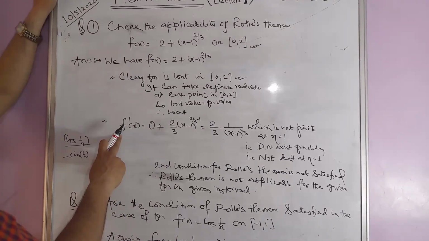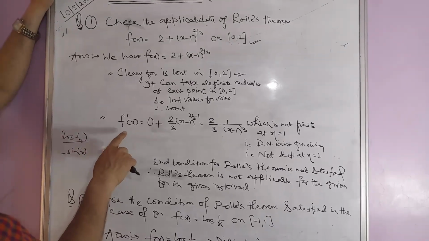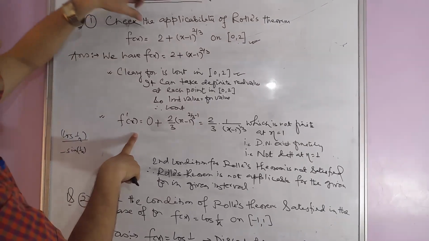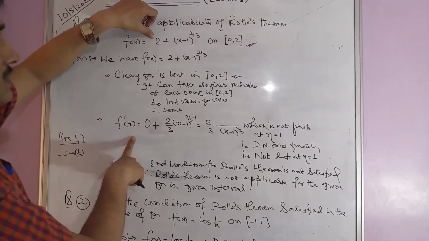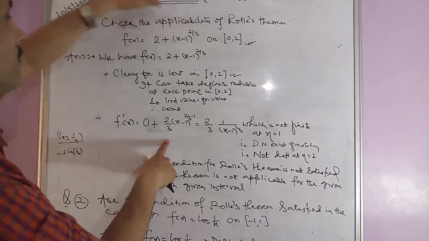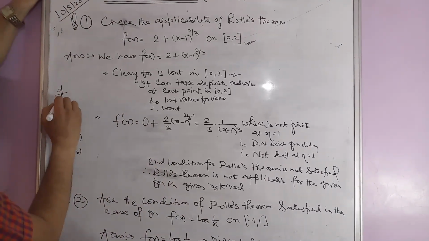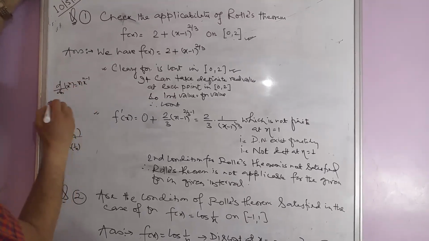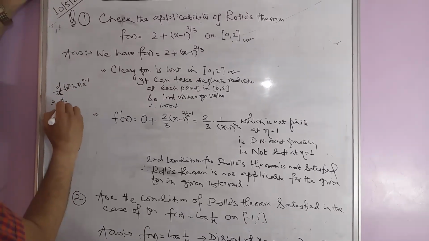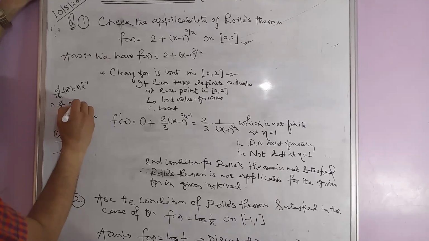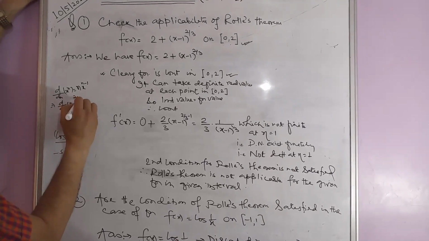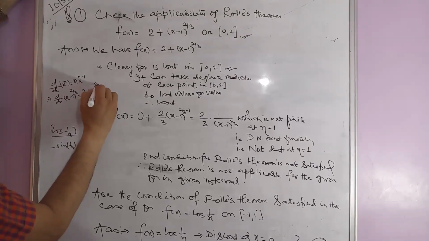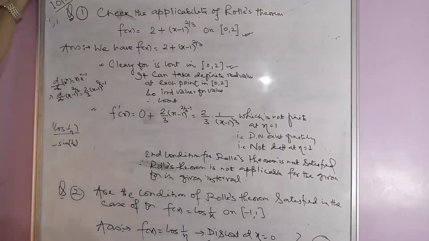Second, the derivative condition, the differentiability condition. Here we use direct differentiation. f dash x equals the derivative of 2, which is 0, plus, using d by dx of x to the power n equals n x to the power n minus 1, d by dx of (x minus 1) to the power 2 by 3 equals 2 by 3 (x minus 1) to the power 2 by 3 minus 1.